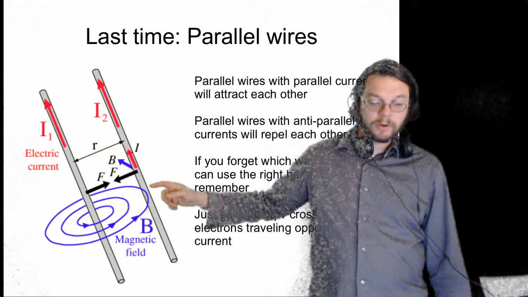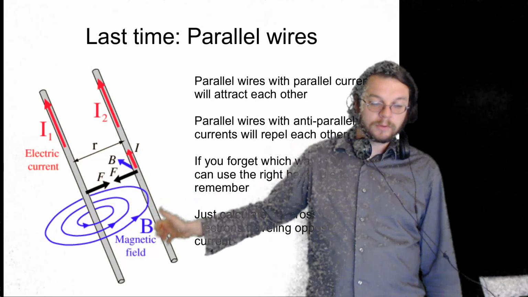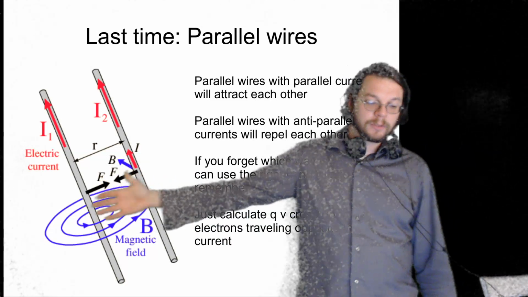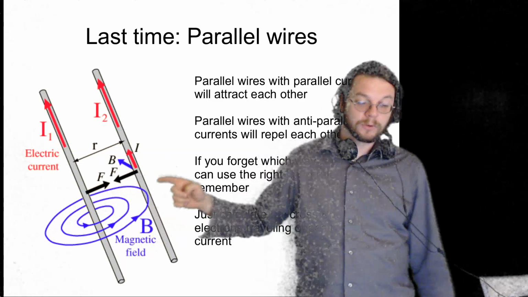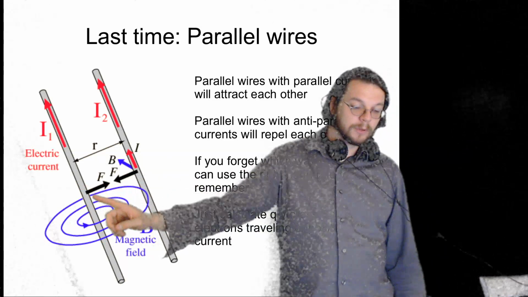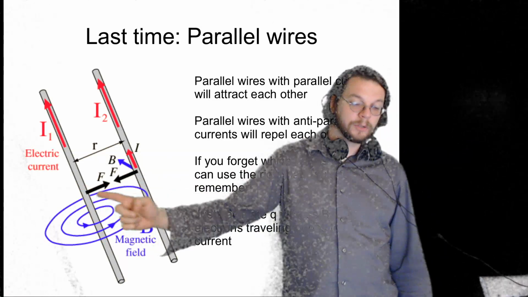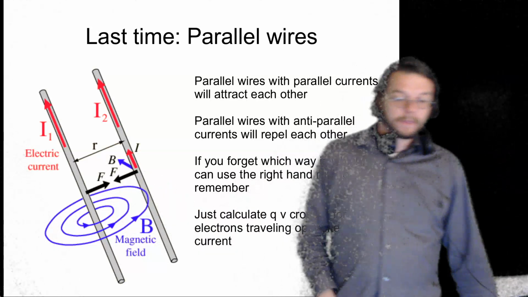And if you do this whole argument over again, and say, all right, well, this wire has a magnetic field that's doing this, so it's out of the page, and this wire is experiencing a magnetic field due to this wire, you will come to the conclusion that the force on this wire is actually towards this wire.